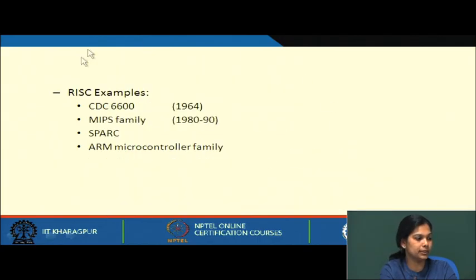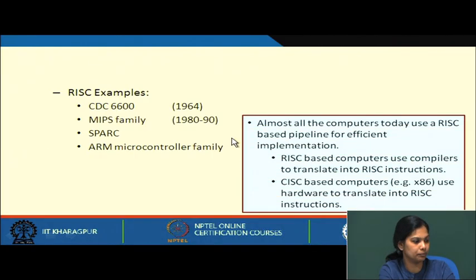So, a popular RISC machine is the CDC 6600, which came in 1964. So, RISC has existed since the 60s, and it is now that people have moved more to RISC architecture. The ARM microcontroller family is all RISC. Even other microcontroller families like PIC also use RISC architecture.